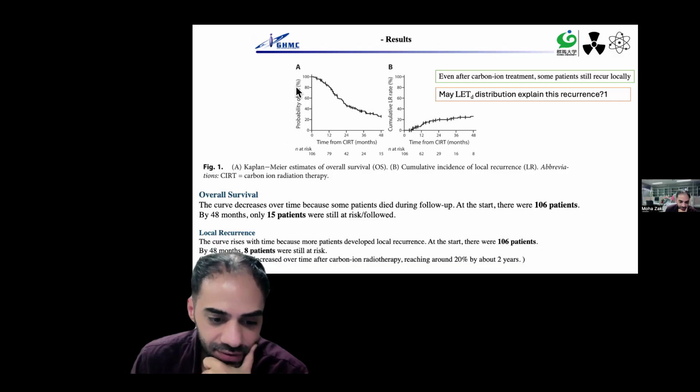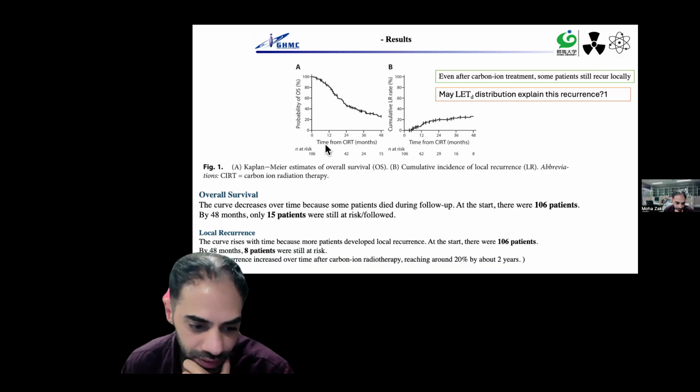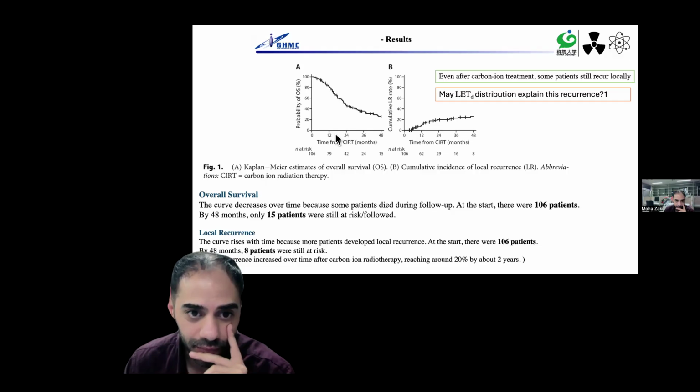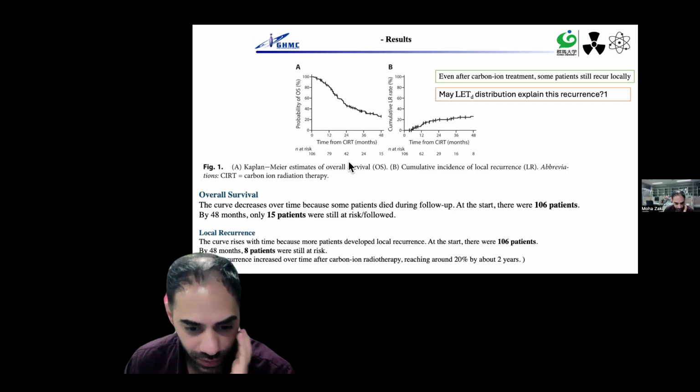On the y-axis, we can see the probability of overall survival as a percentage, and on the x-axis, the time after carbon ion therapy in months. The n here is the number of patients at risk. They still followed them along this timeline.